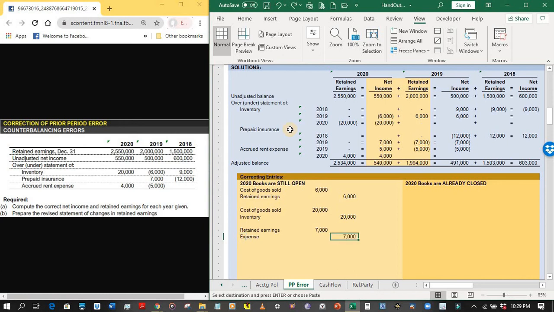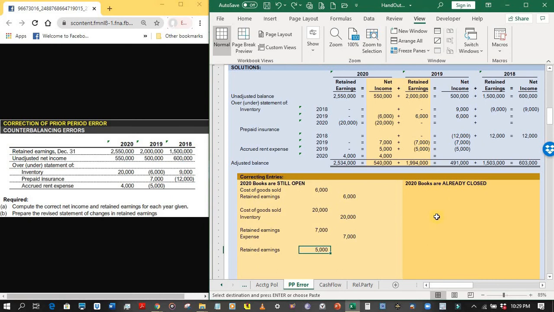Now, we are done with the prepaid insurance, so let us proceed to the accrued rent expense. So for the rent expense, again, looking at these two columns, we have adjustments on both net income in 2020 and the retained earnings beginning for 2020. So the entry would be a debit to retained earnings because the 5,000 is being deducted from the retained earnings of 2 million pesos. So that is why our entry is debit retained earnings for 5,000 pesos.